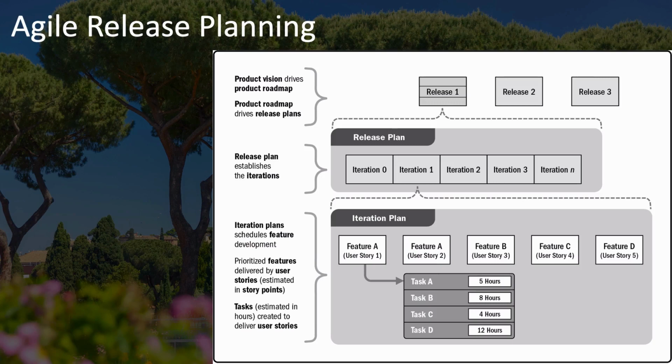And for each iteration, you can see the features or user stories that are included in that iteration, and you can see the tasks that are involved in each feature or user story. This allows for your project owner and team to see the big picture and decide how many iterations they need in order to have a valuable release.